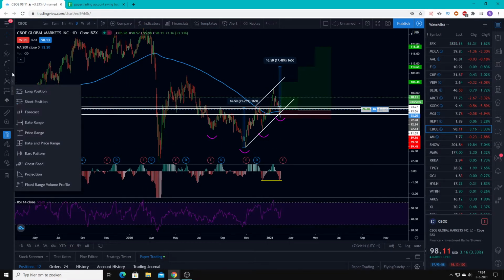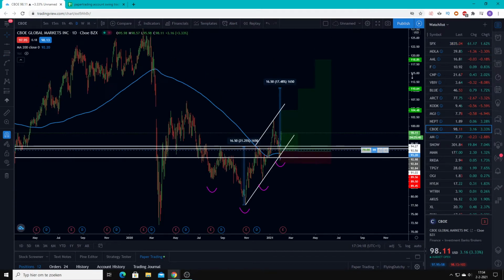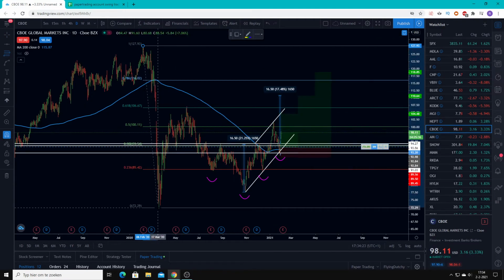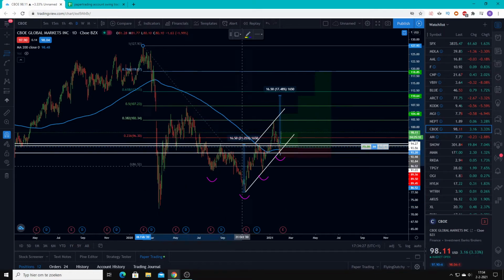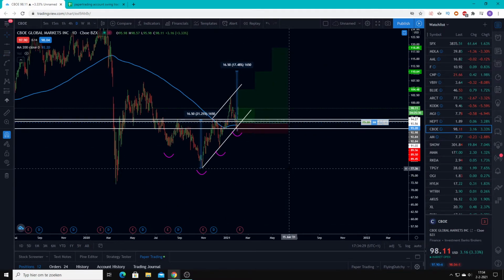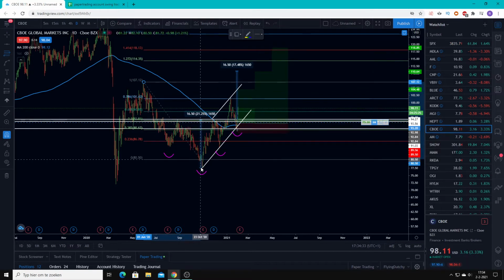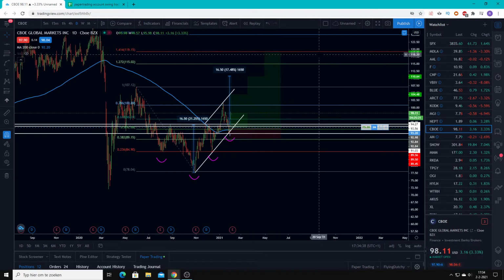Let's have a look. I'm not sure anymore. How did I get that target? Was it from here to here? Come on. Yeah, this is the 1.414 extension, I think.